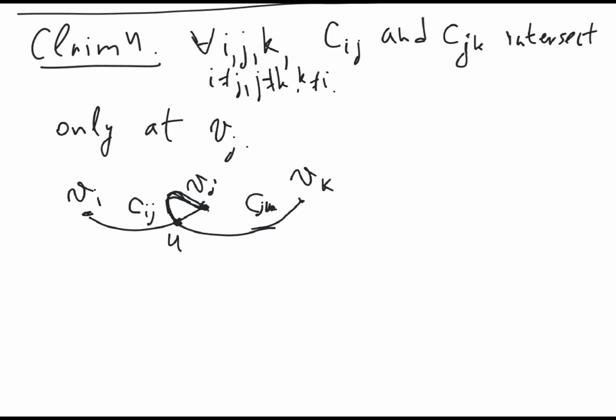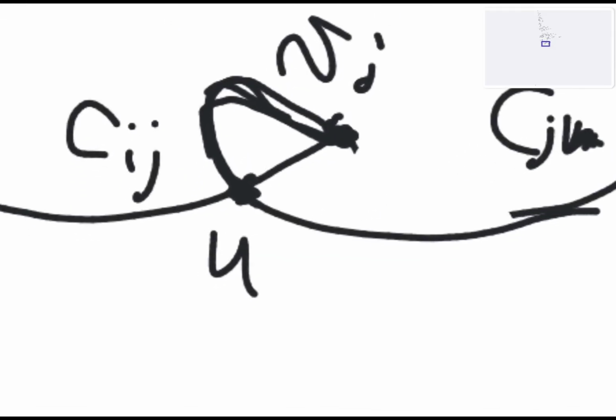So this vertex must have color J, because the path Cij has only colors I and J, and the path Cjk has only colors J and K. So the only common color is J. There are no other options for this.